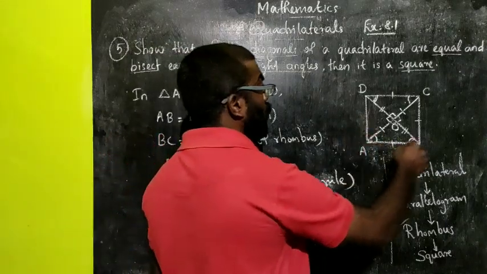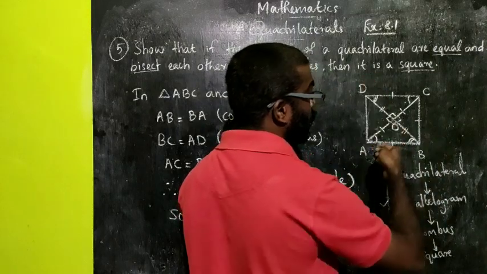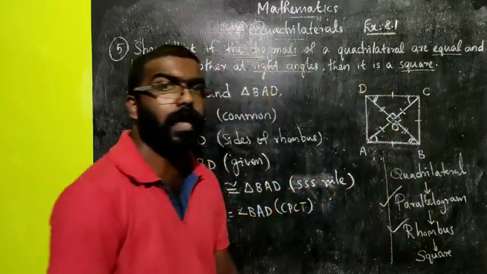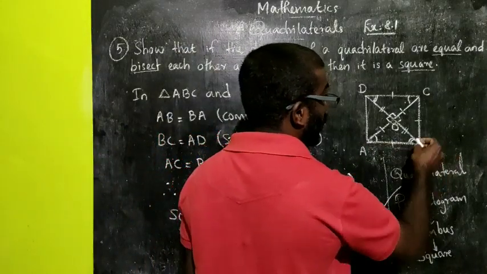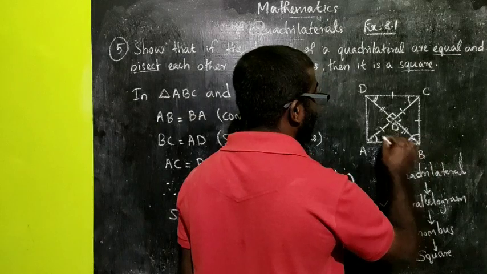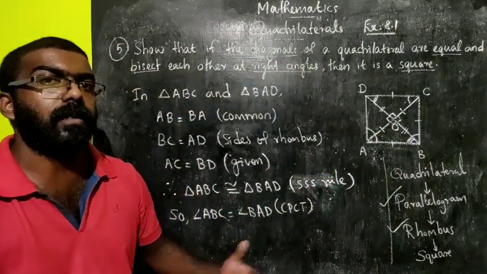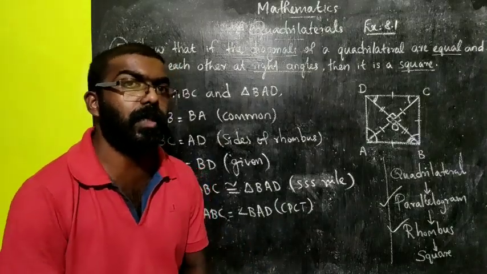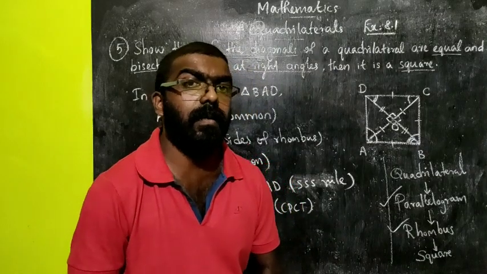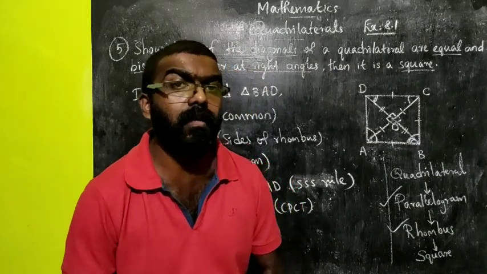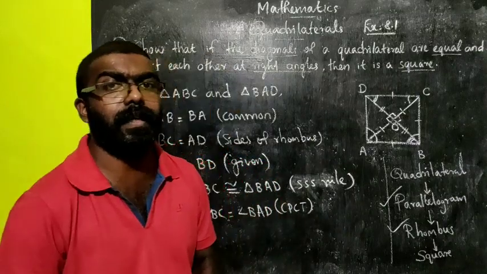Because ABCD is a rhombus, BC is parallel to AD and we can consider AB as a transversal. So we can say angle ABC and angle BAD are interior angles on the same side of the transversal or consecutive interior angles. And we know the consecutive interior angles are supplementary. That we have discussed in lines and angles.